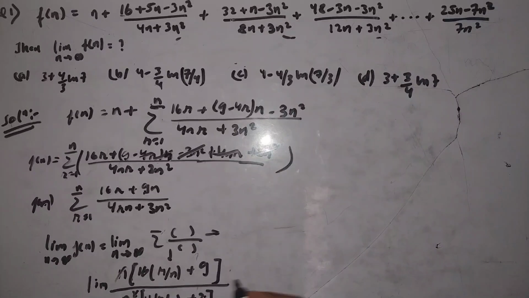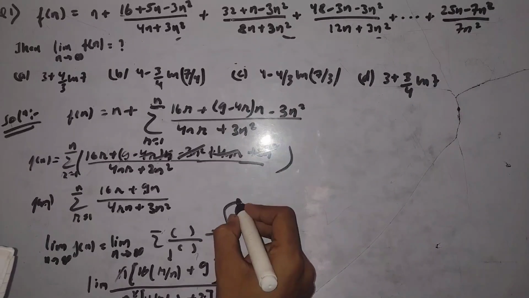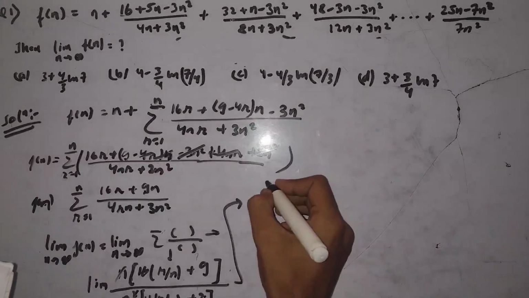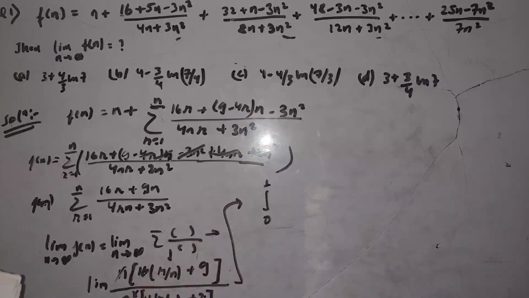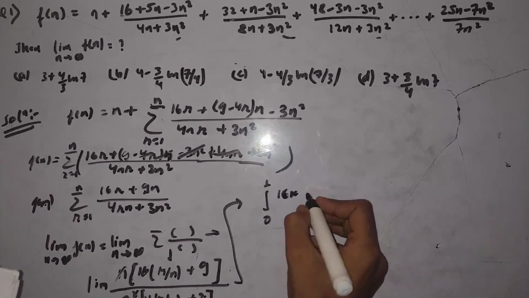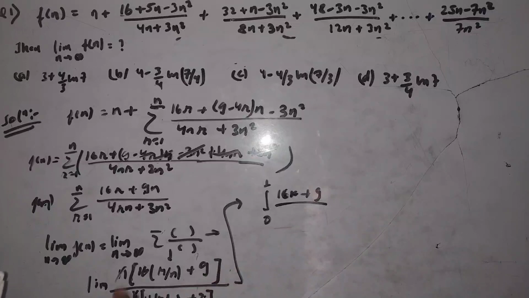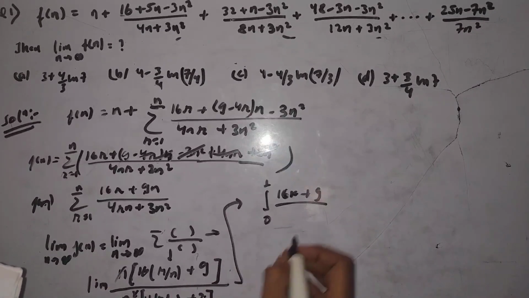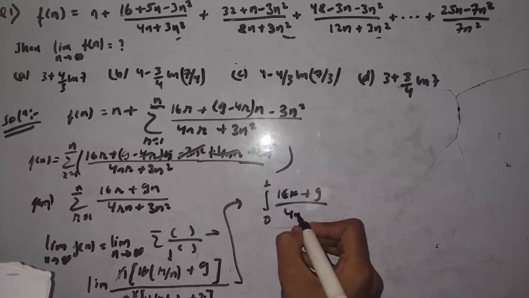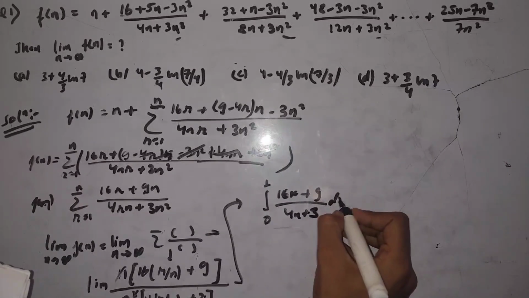Using the idea of integration as a limit of sum, we can write it from 0 to 1, and r by n is treated as x, so this is 16x plus 9, and because this is 1 by n, we can treat 1 by n as dx, and the denominator can be written as 4x plus 3, and here is dx.